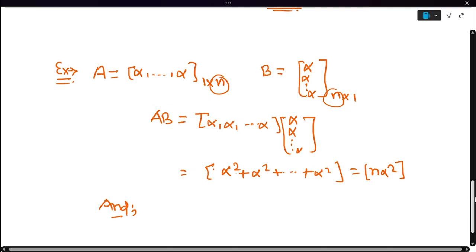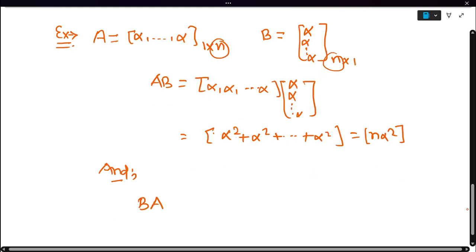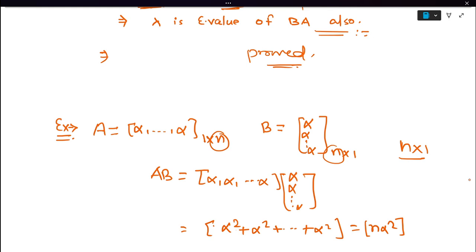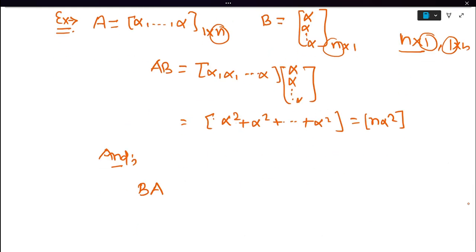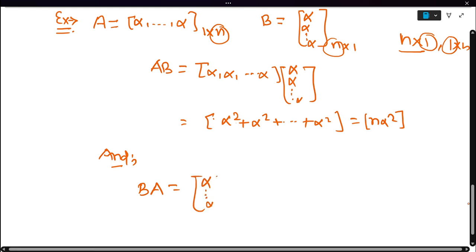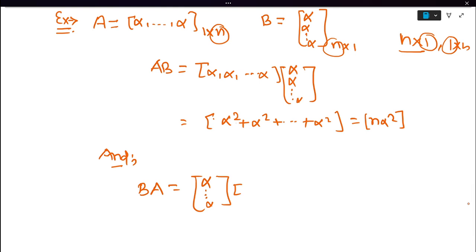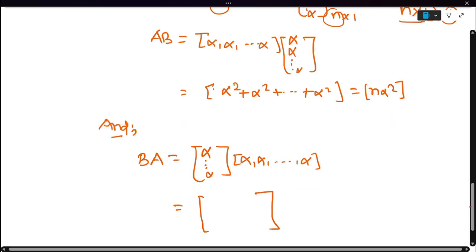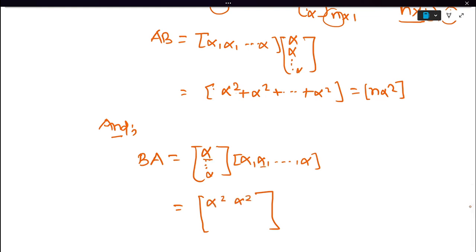Now if we find BA, the size of BA will be: B has n rows and one column, and matrix A has one row and n columns, so it will be an n cross n matrix. Multiplying, all elements of the matrix will be alpha square.